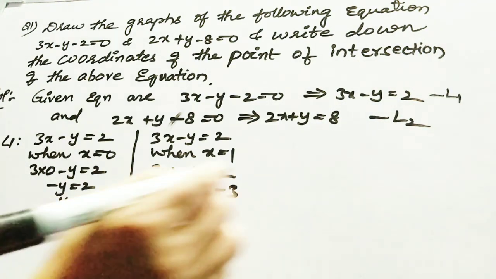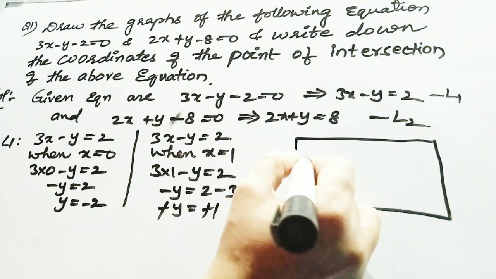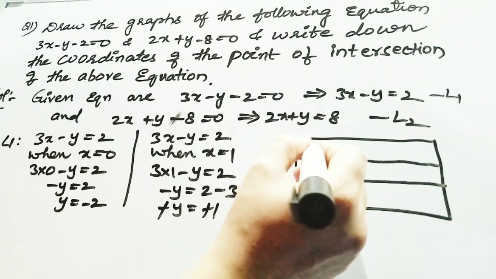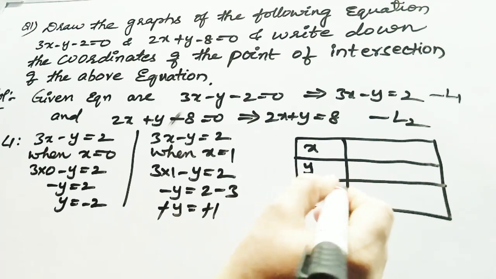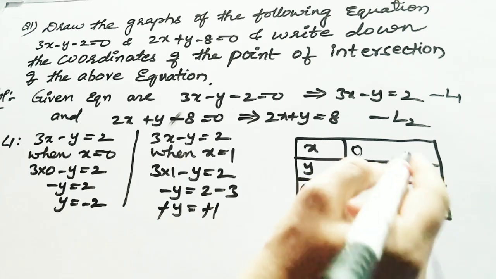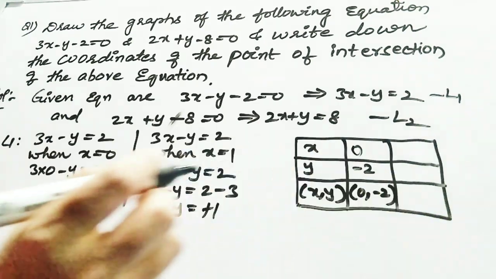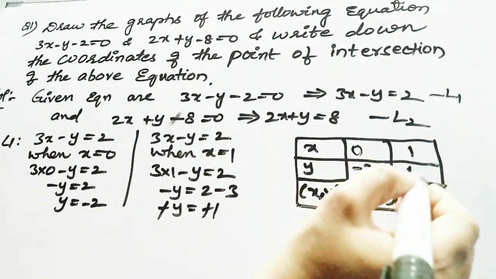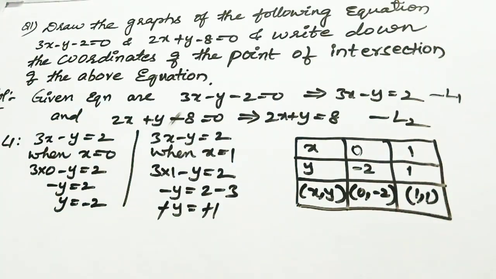Just draw a table for the L1 coordinates so that you can easily draw a graph. This is x, y coordinate, x comma y. When x is equal to 0, y is minus 2, so the coordinate is 0 comma minus 2. When x is equal to 1, y is equal to 1, so 1 comma 1. This is your L1.